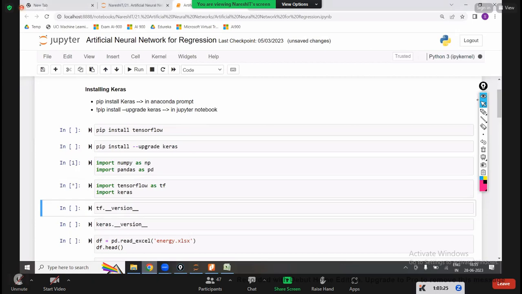So from keras.models, I'm going to import Sequential, and from keras.layers, I'm going to import the Dense function. And model is equal to Sequential, meaning I'm starting from here. And here model.add of Dense with input dimensions equal to 4 and units equal to 1. So it is going to take 4 inputs and 1 unit.